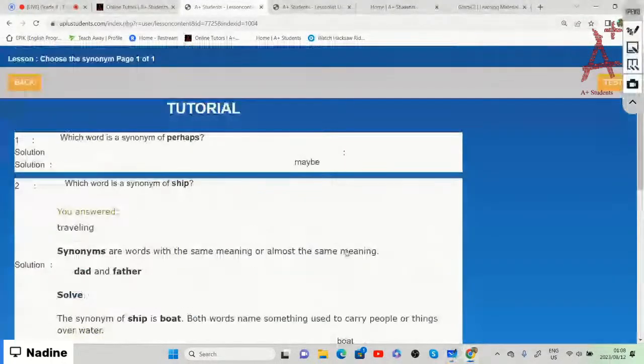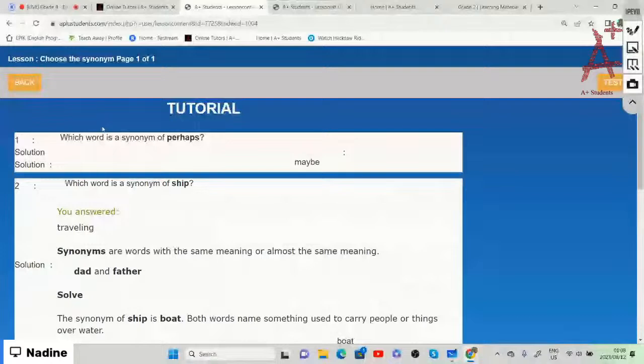So now we are going to choose different synonyms. Which word is a synonym of perhaps? So perhaps I should go to the park. Another word for perhaps is maybe.